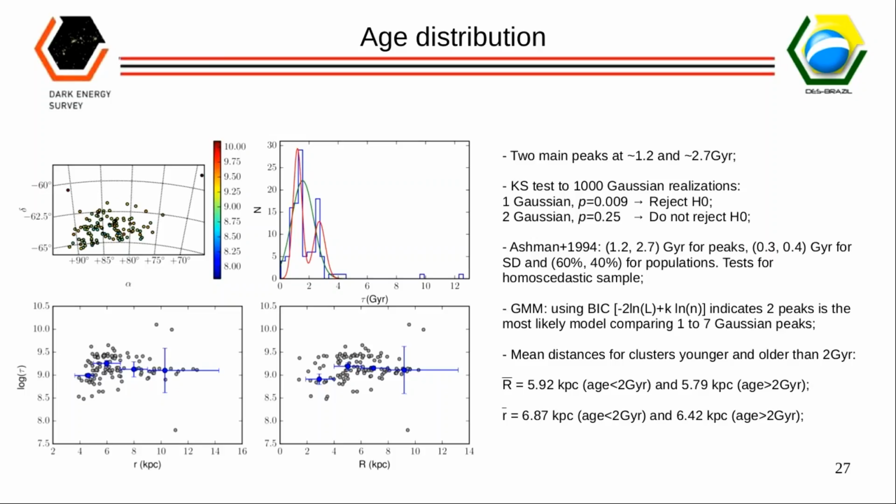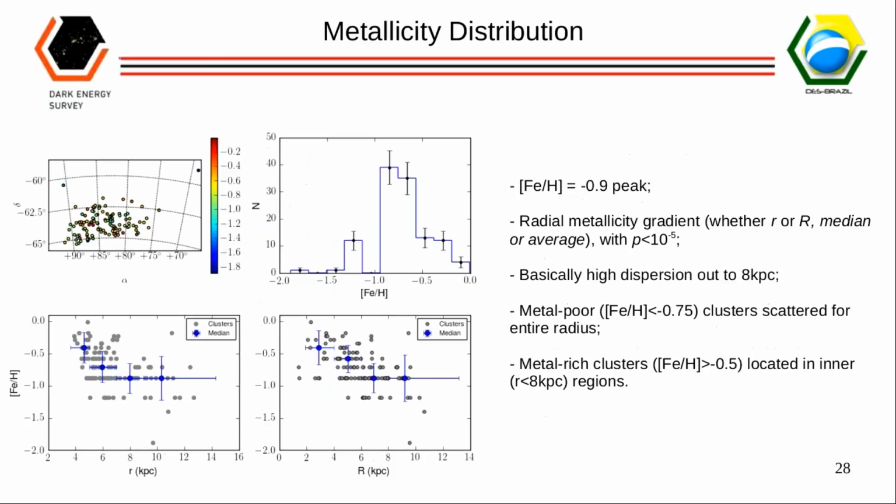And regarding the distribution along a radial coordinate, there is no radial trend in age for our cluster sample. But regarding metallicity, we have a gradient.